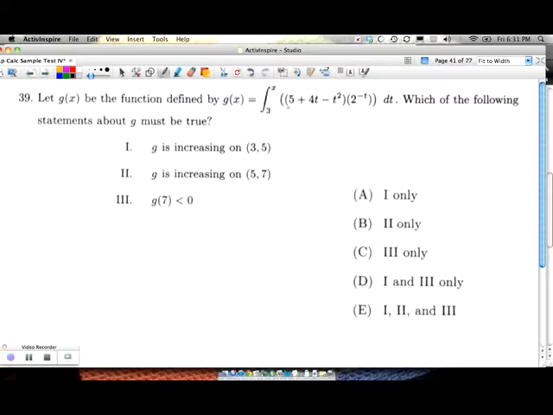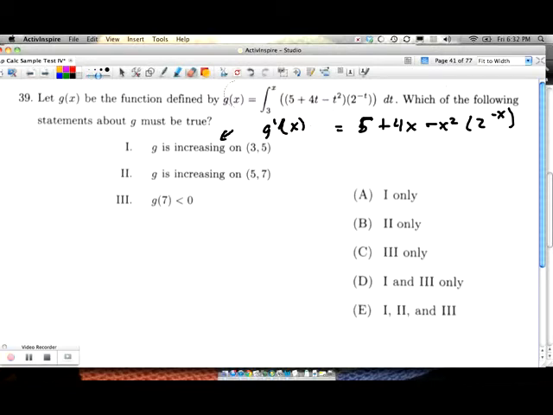I don't really care about the area so much, because if I'm asking about increasing, that's asking whether g prime of x is positive. And g prime of x is equal to just 5 plus 4x minus x squared times 2 to the negative x. That's what g prime of x equals.